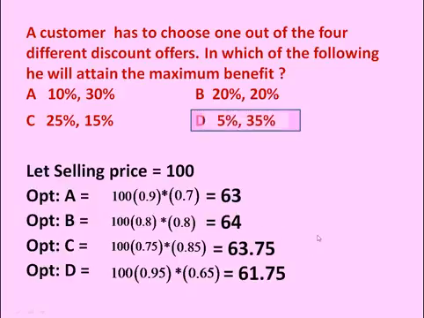So just remember it: the customer will get the maximum benefit if the two successive discounts have the maximum gap between them. If the discount were 40% and 0%, then he would have to pay only rupees 60, he will get the maximum benefit. So a single discount is always beneficial.